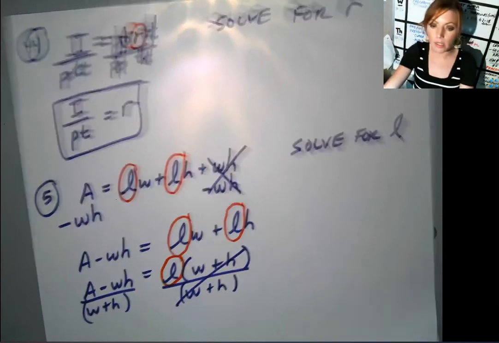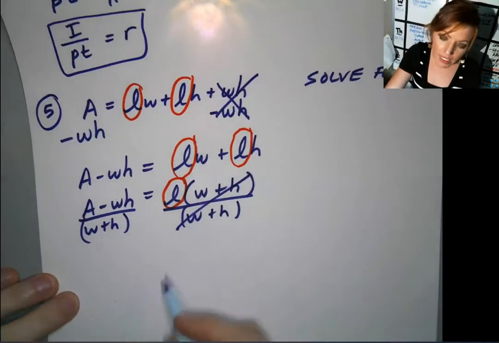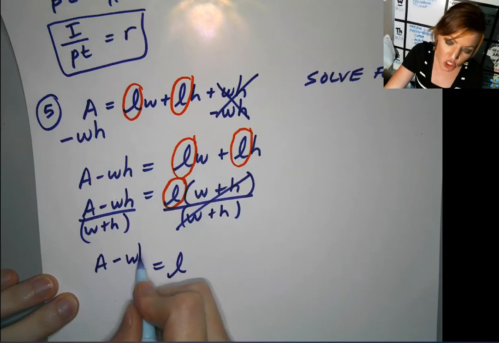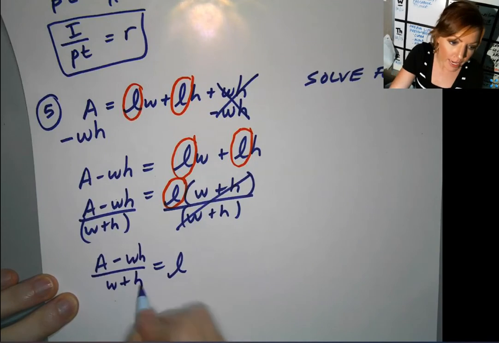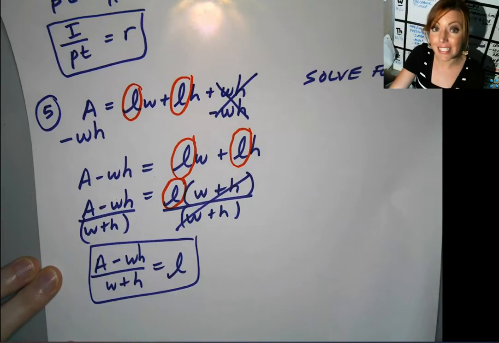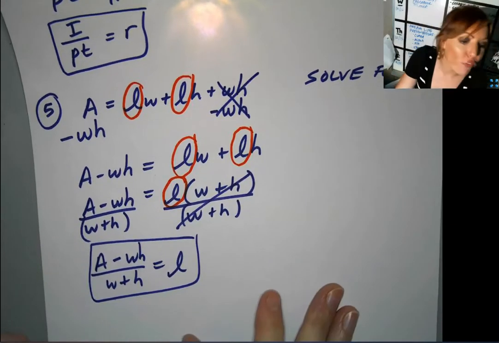What I'm left with is L equals A minus WH over W plus H, which happens to be B. We are now no longer in the C category. So there we go.